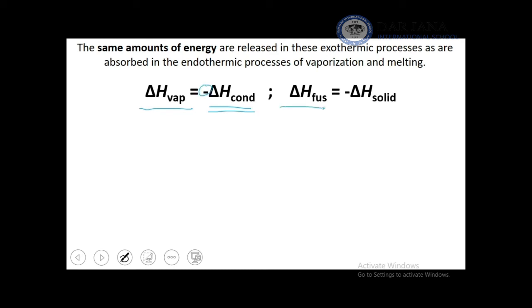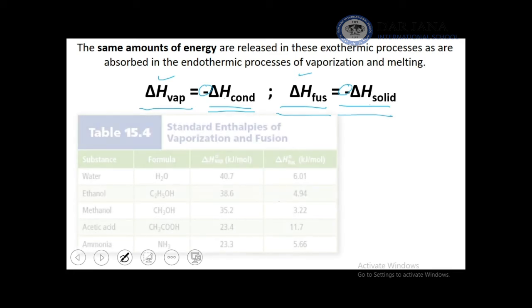The same thing here: the molar heat of fusion is equal to the molar heat of solidification, but with a negative sign. So these two are endothermic, so they have positive signs, while the molar heat of condensation and solidification are exothermic processes, so they have a negative sign.